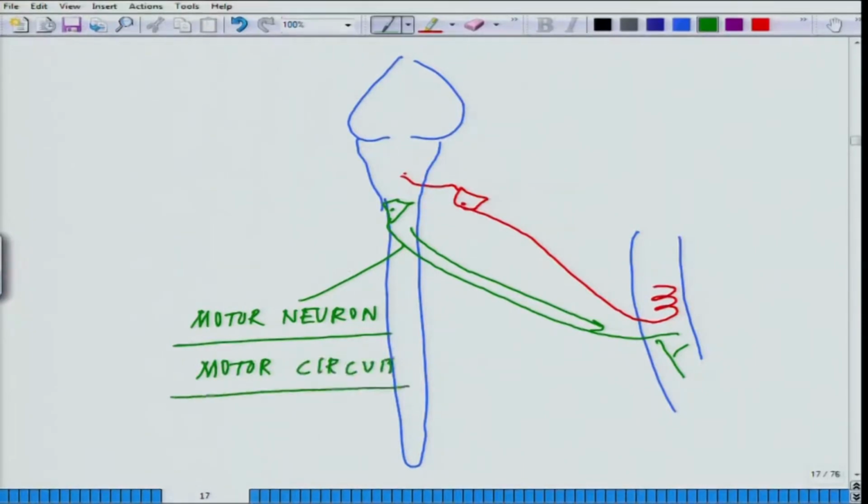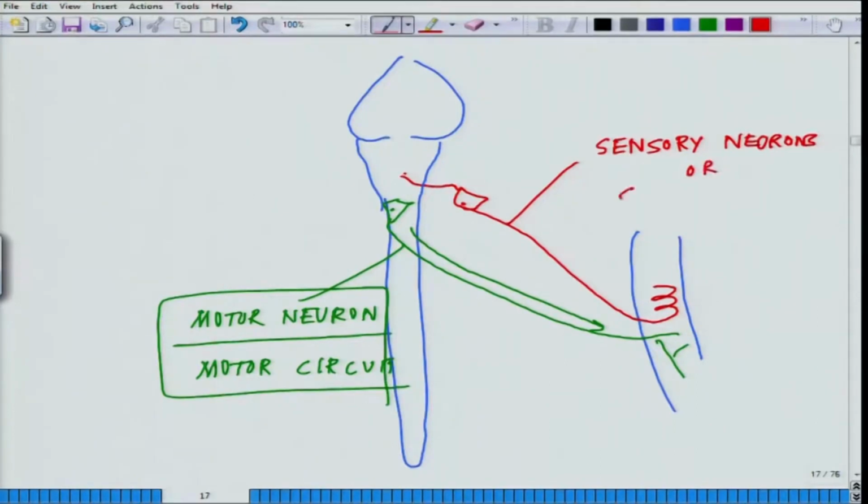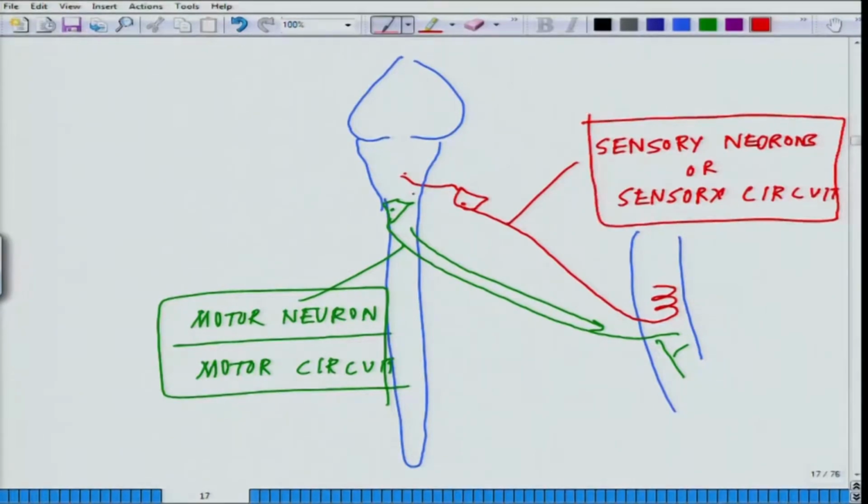The one which is sending signals to the brain falls under sensory neuron or sensory circuit. In between these two, there may be a direct connectivity, or there may be some form of specialized neurons called interneurons, which may be involved, but that is adding more complexity into it.